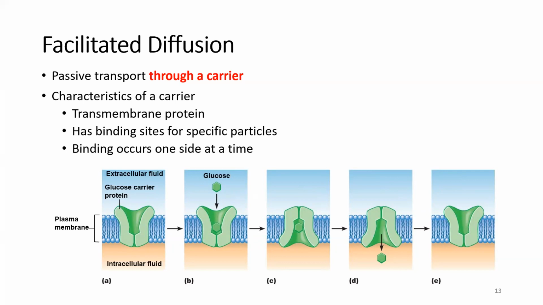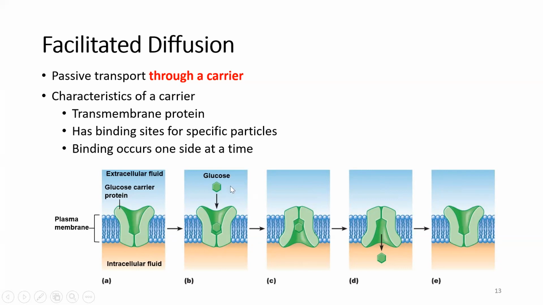And they have specific binding sites that are unique for specific particles. We'll talk about an example with glucose in a minute. And so we've got binding occurring on one side of the membrane. This is the open phase side of this transporter or this carrier. It binds, and then the protein or the transporter goes through a configurational change where it changes its shape, and it exposes the particle to the other side of the membrane, whereby it can simply just exit and go through the membrane.